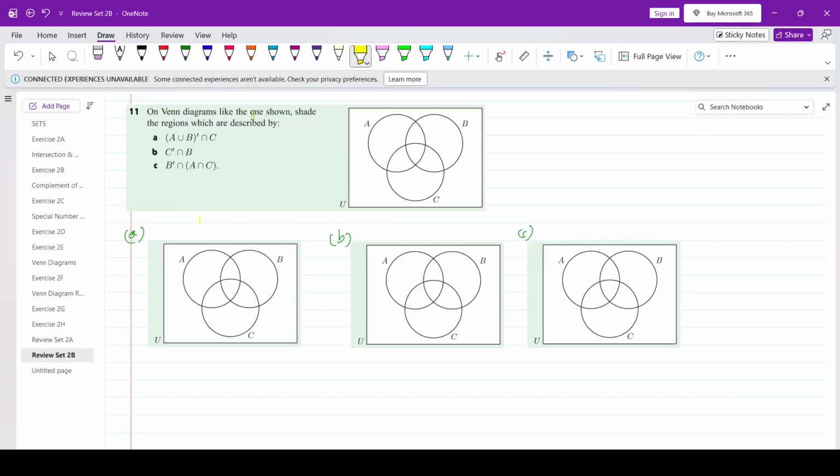On Venn diagrams like the one shown, shade the regions which are described by A union B complement intersection C. So we know A union B is this whole region. So let me mark it.